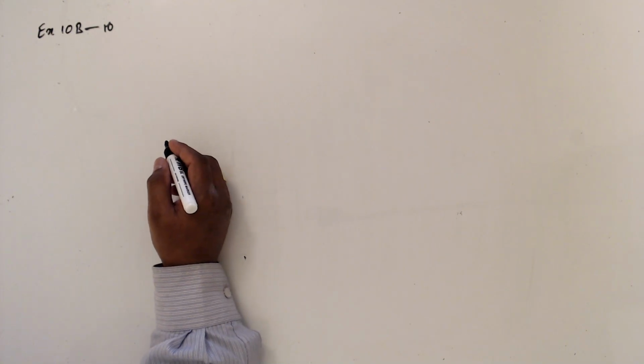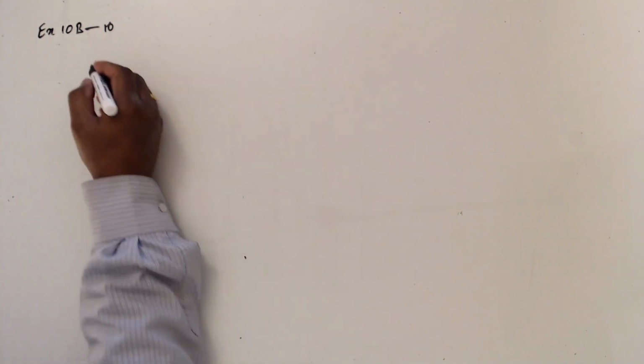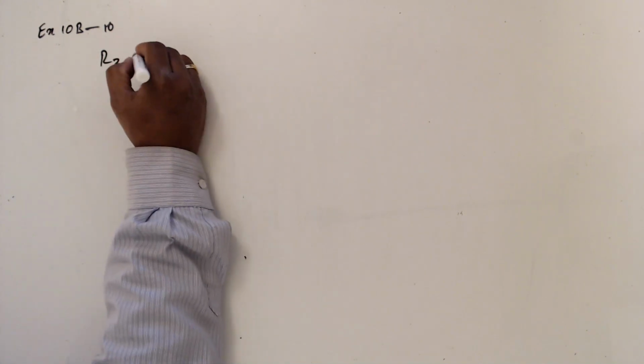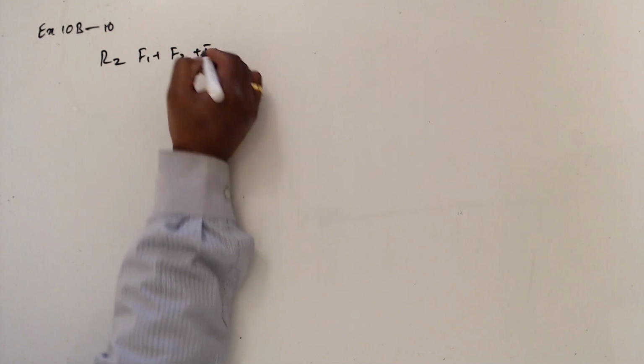Question number 10. F1, F2, F3 act on a particle and it is in equilibrium. R equals F1 plus F2 plus F3.